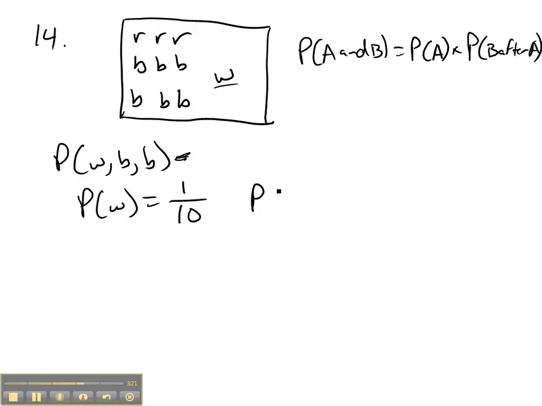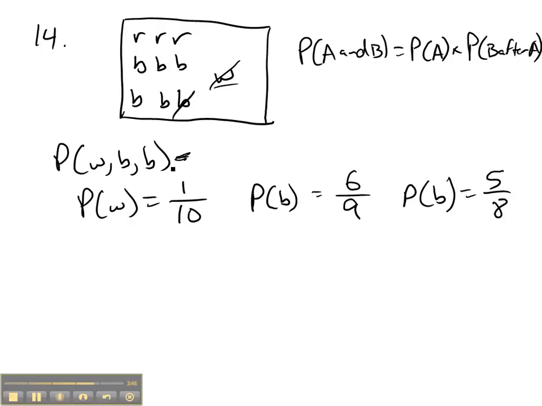The probability of pulling a blue marble after we've pulled the white marble would be, now we have 6 blue marbles out of 9 total marbles because we have 1 less marble in the box. The probability of pulling another blue marble, assuming we pulled that blue marble, would be 5 now out of 8.